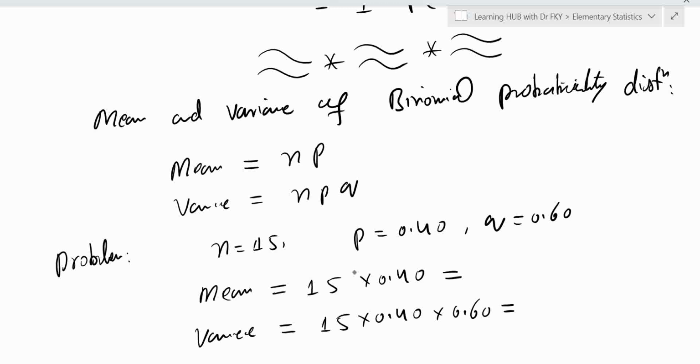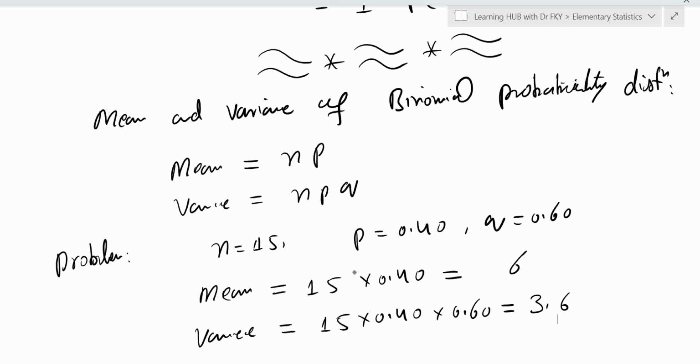We can calculate this by using a simple calculator. 15 multiplied by 0.40 is equal to 6, and then 15 multiplied by 0.40 multiplied by 0.60 is 3.6.